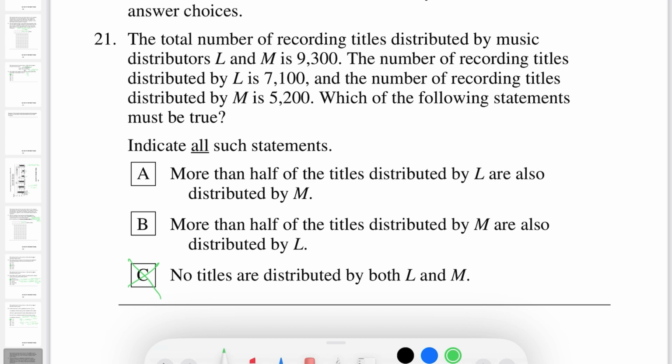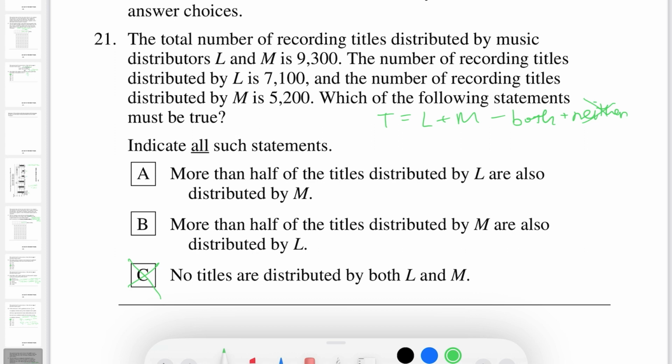There is a formula that's easy to use here for overlap. It looks like this. The total is L plus M minus both plus neither. In this case, we don't have a situation where either of them doesn't do something, so neither is not going to be important here.